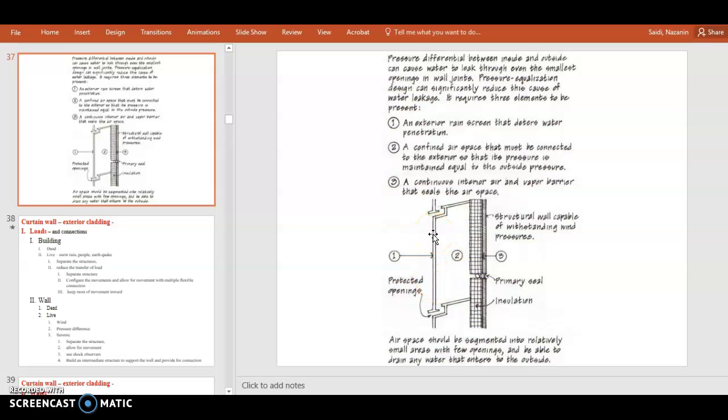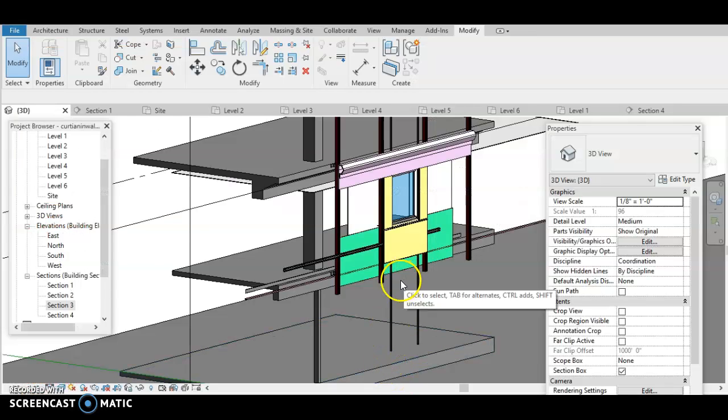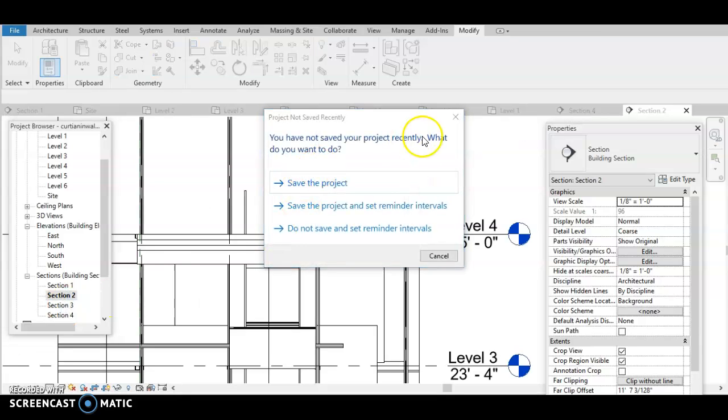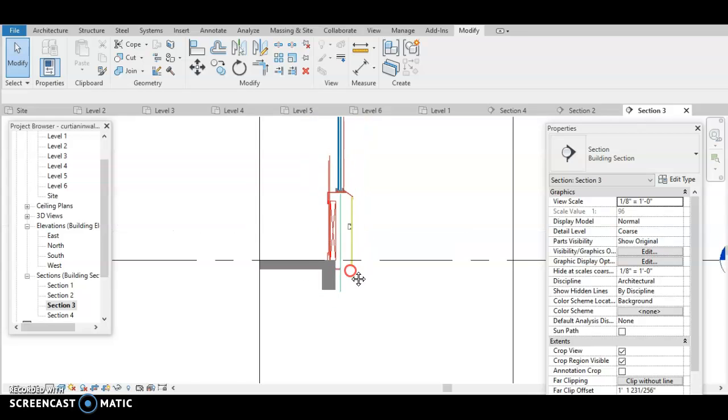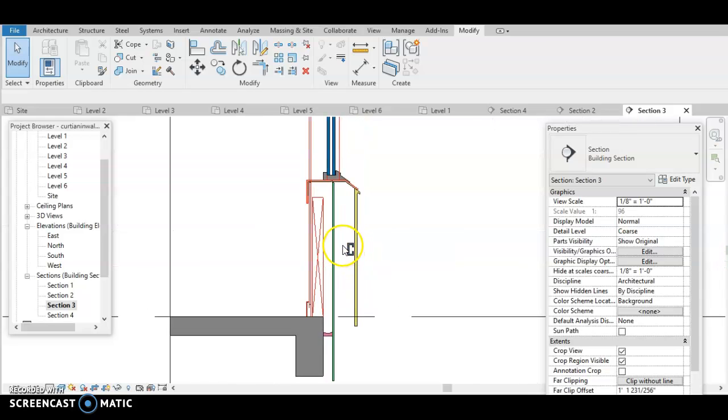Then we did a three-dimensional building detailing like this. And we started looking at sections, such as section 3, which looks like this. And we literally sketched on it our outside layer, the rain screen.